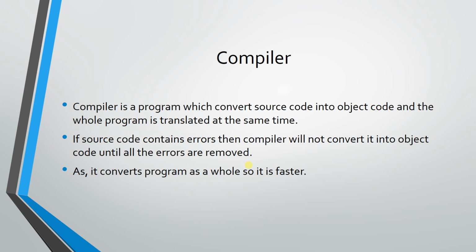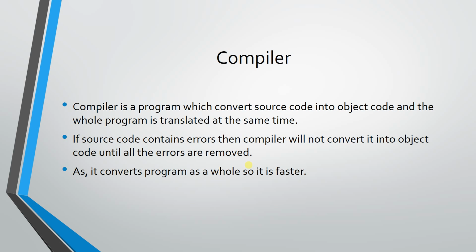So what is a compiler? Compiler is also a language translator, but instead of translating assembly language only, it converts source code into the object code, and the whole program is translated at the same time. The source code translated by the compiler may be in any high level language.